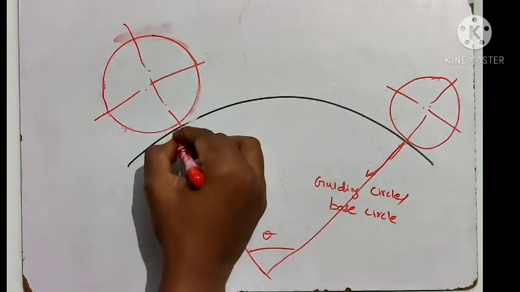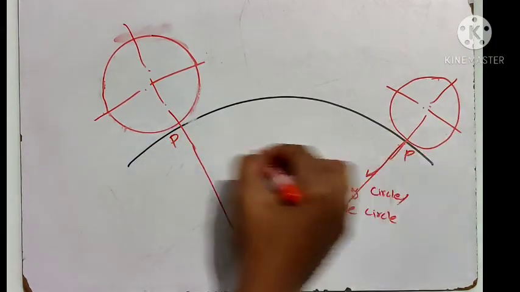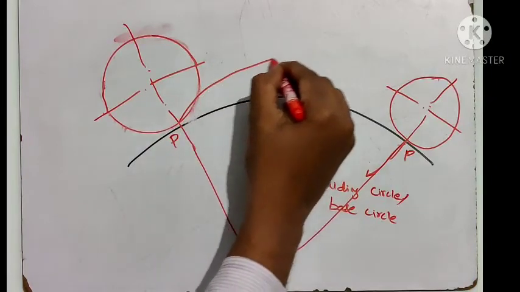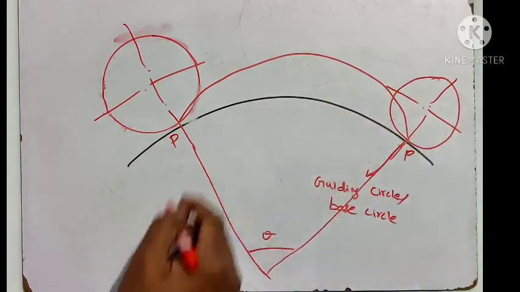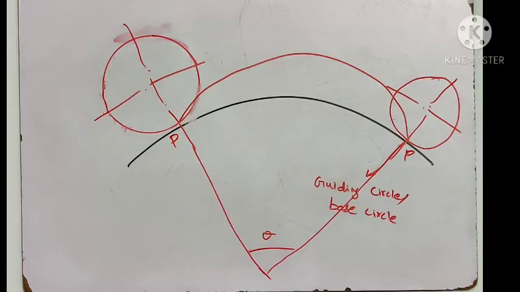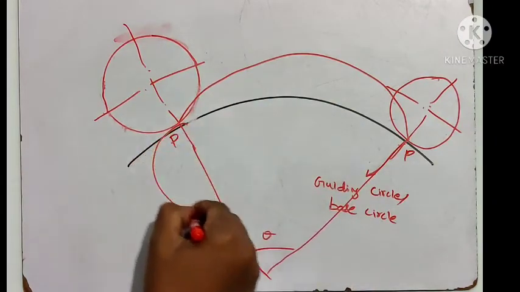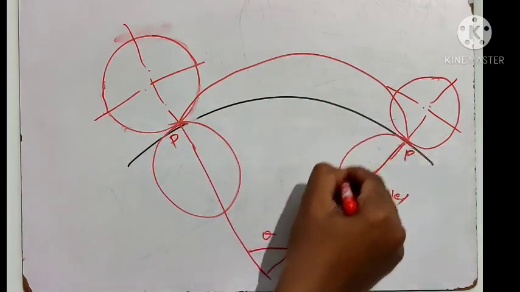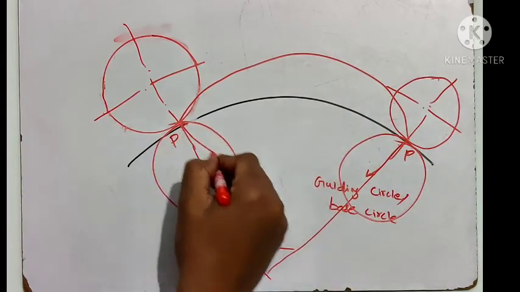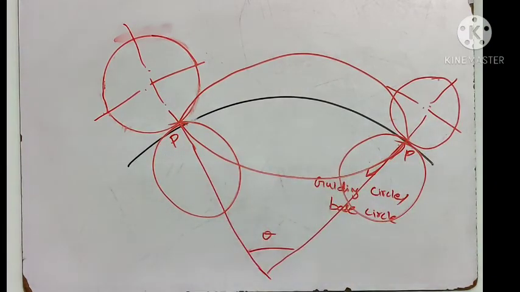During this process, if you trace the point P, you will get a curve something like this, and this curve is called epicycloid. Instead of that, if the same generating circle rolls inside the guiding circle, something like this, then you will get a curve something like this. That curve is nothing but hypocycloid. So these are the three types of curve that can be generated from the cycloidal family.